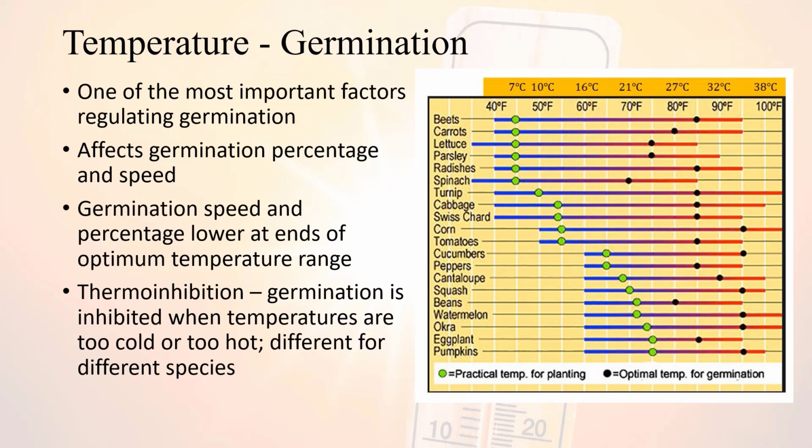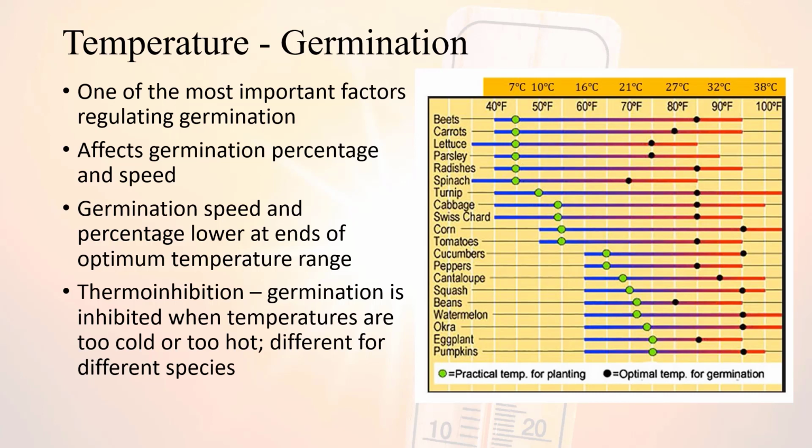And what we see is that if we look at a range of different plant species, they have what is referred to as a range of tolerance. So that would be this entire area, this temperature range in which they will germinate, right? So your beets will germinate from about 40 degrees Fahrenheit all the way up to about 95 degrees Fahrenheit, right? They will germinate throughout this range of temperature.